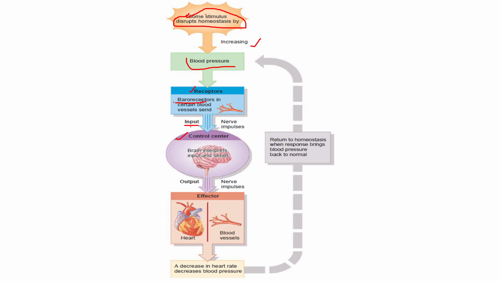Now the brain will think on that stimulus, on that change, and it will send an output signal to the effector. Again these output signals are in the form of nerve impulse. The control center will send the output signal to the effector.